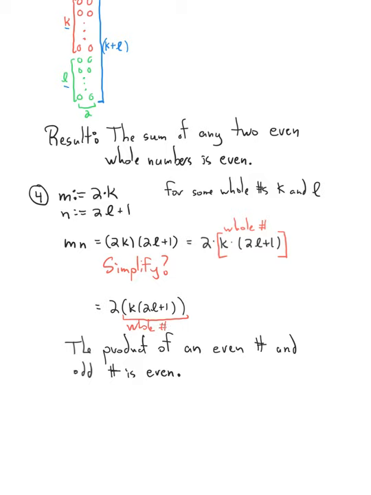So we are able to write m times n as 2 times a whole number. Whenever we can do that, that's a definition of a number being even. So we have shown that the product of an even number and an odd number is even. And we'll have a lot of practice with this stuff going forward.